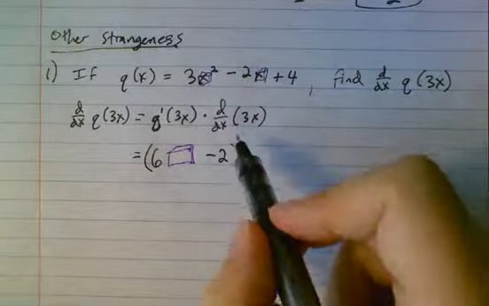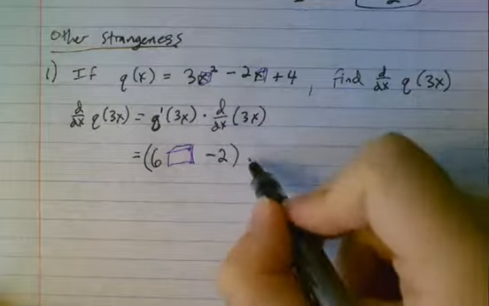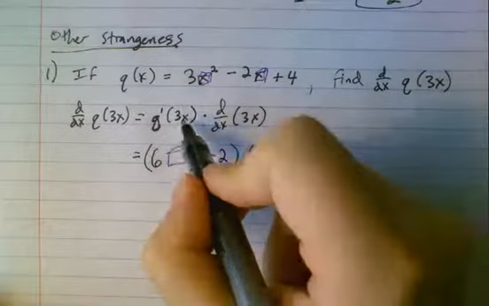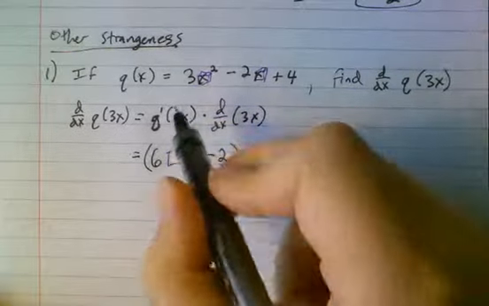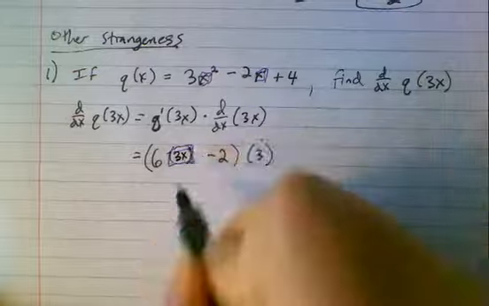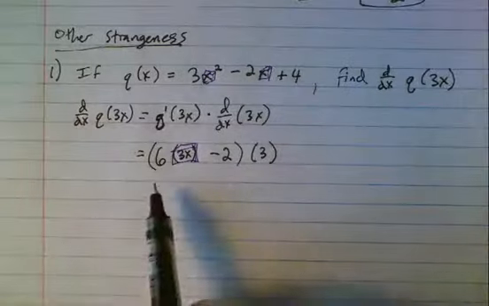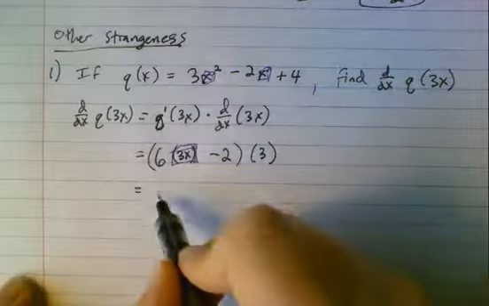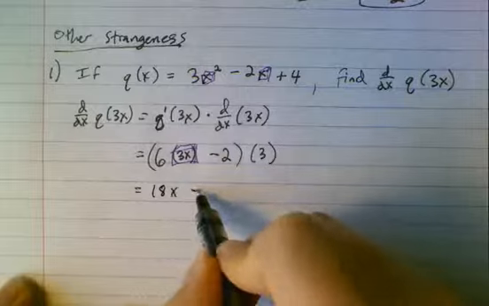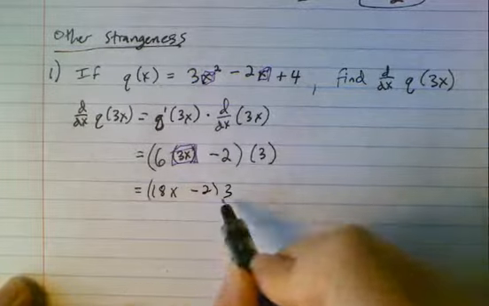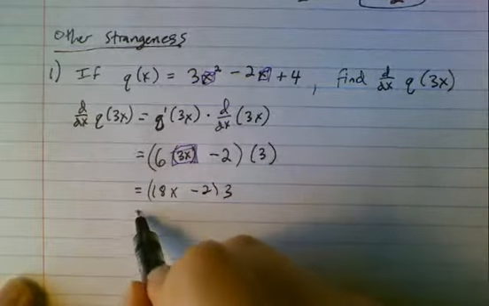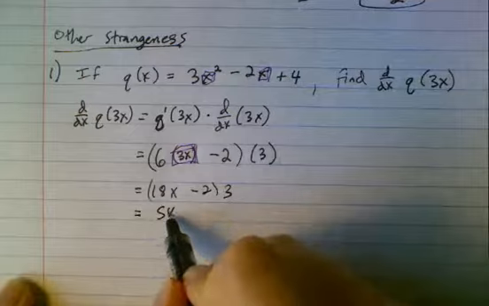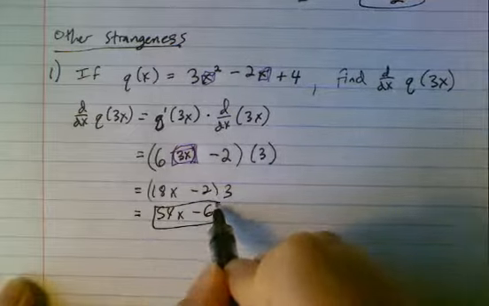And then all of that is times the derivative of 3x, which is 3. Now, what goes in this box is what's inside here. And then we're just going to simplify that. So 6 times 3x is 18x minus 2. Times 3, we'll distribute that 3 back over. 54x minus 6.